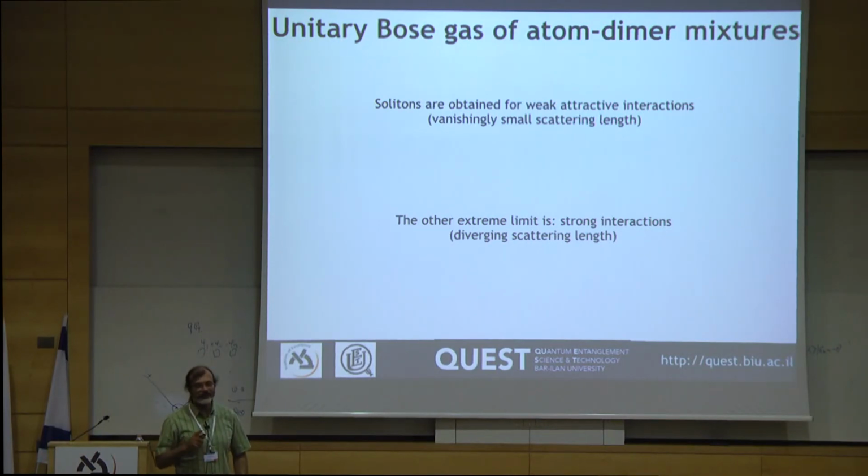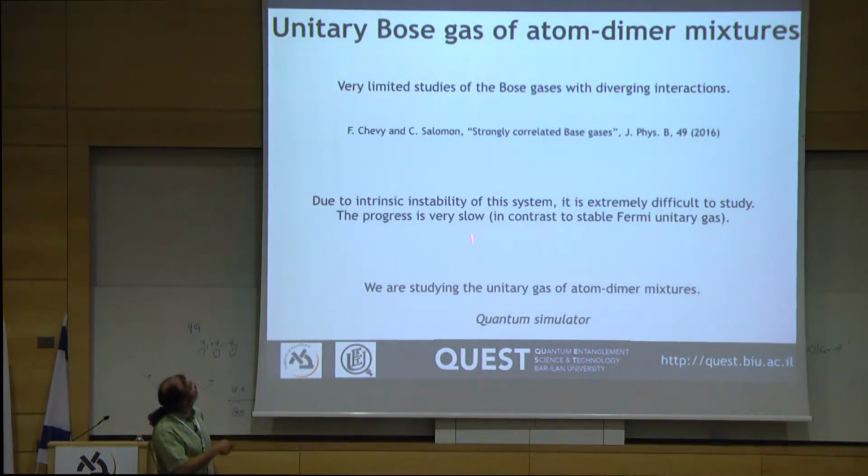So this system is extremely difficult. Solitons are very, very difficult to do experimentally, and this unitary Bose gas is extremely difficult to do. You can understand if you just look at this paper that was published last year. This is a review paper of several experimental attempts to try to see this unitary Bose gas.